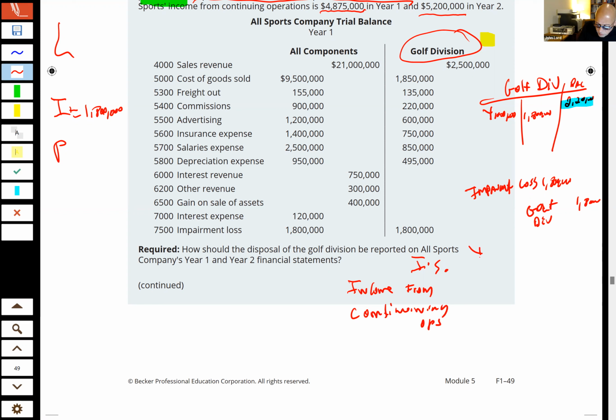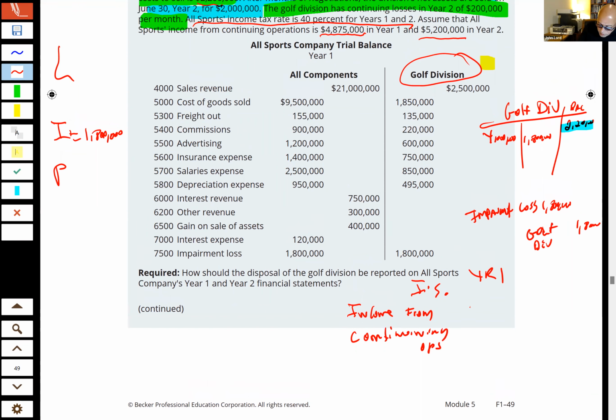And for year one, they're telling us it's 4,875,000. And for year two, what are they saying, 5,200,000?